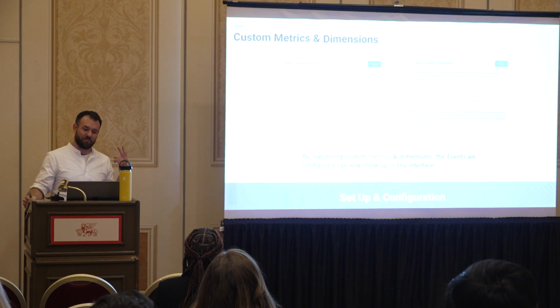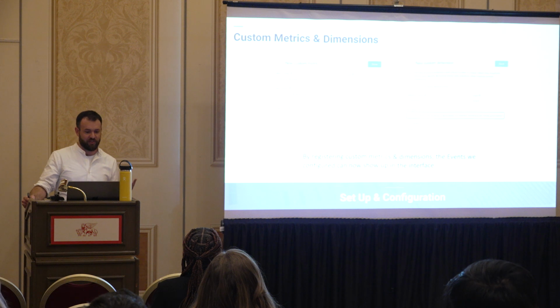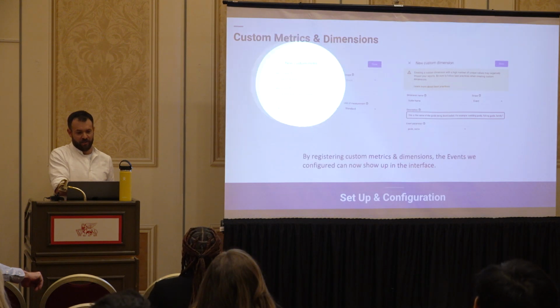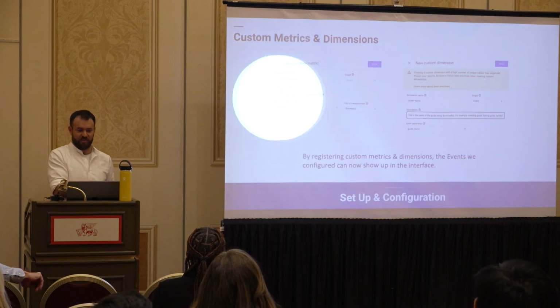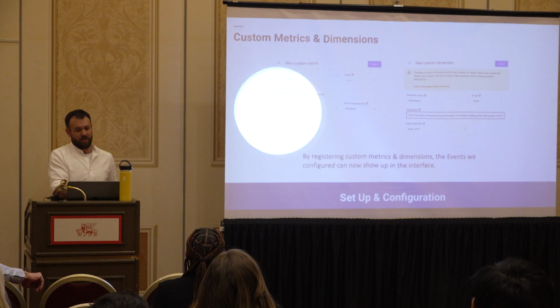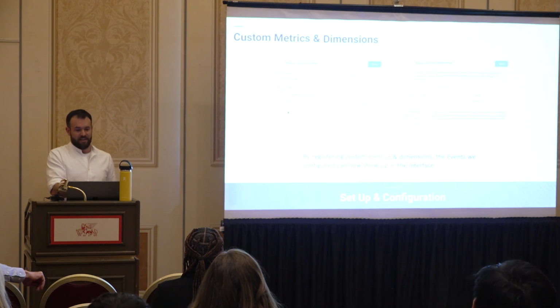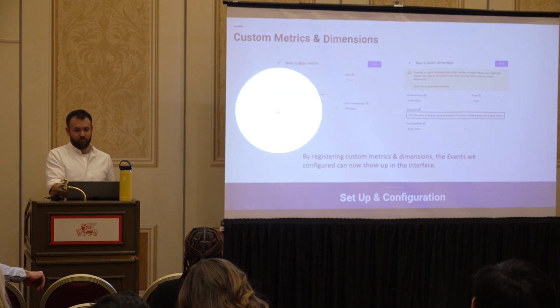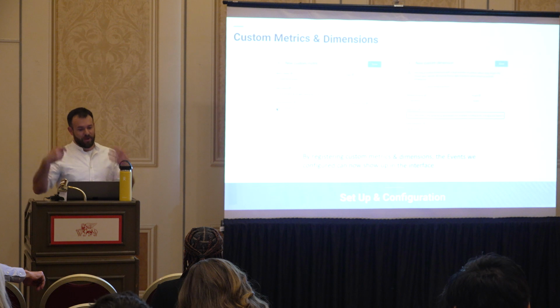So you have to set these up in two places if you want to see this data come through in the user interface. Fortunately, you can name the metric something that is a little bit more legible by a human, like virtual guide views, versus using this underscore case that we're using here for the event parameter. You basically say, if an event with this name comes through, that becomes a new metric we can look at.